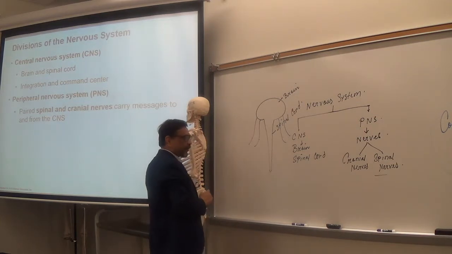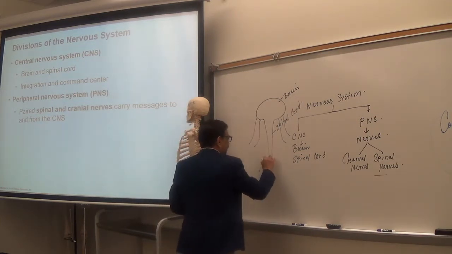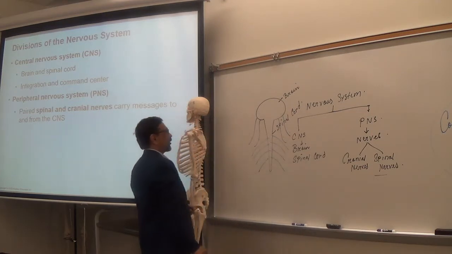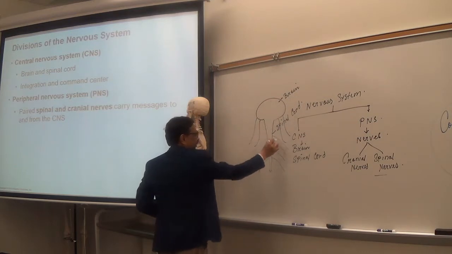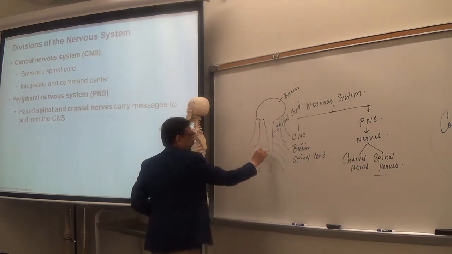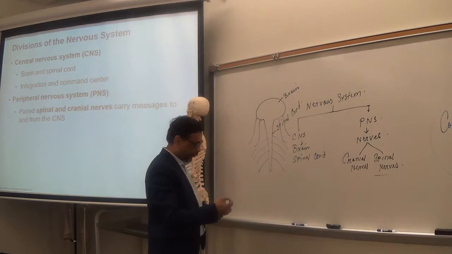And spinal nerves are attached to the spinal cord. See, these are the spinal nerves. Okay, so these are the cranial nerves attached to the brain. These are the spinal nerves attached to the spinal cord.